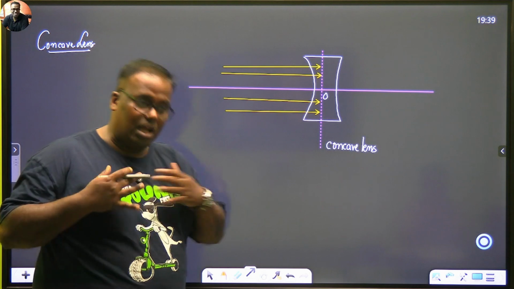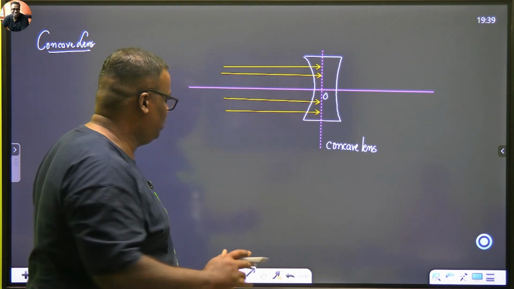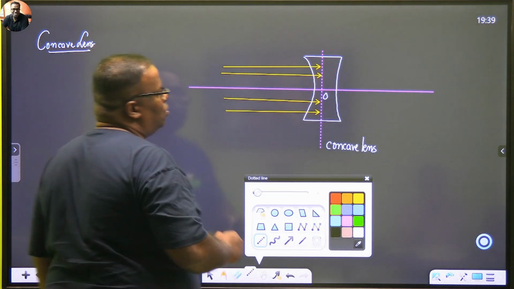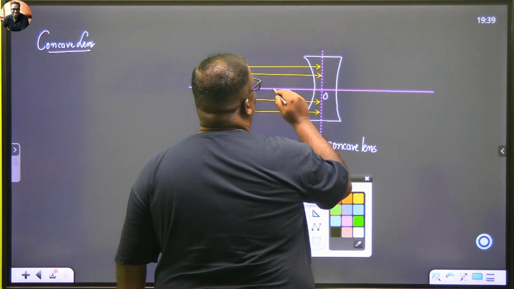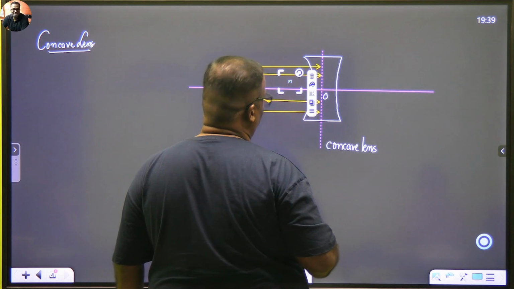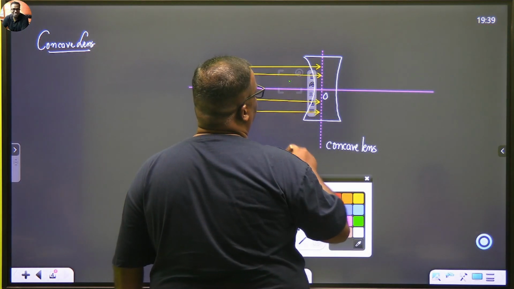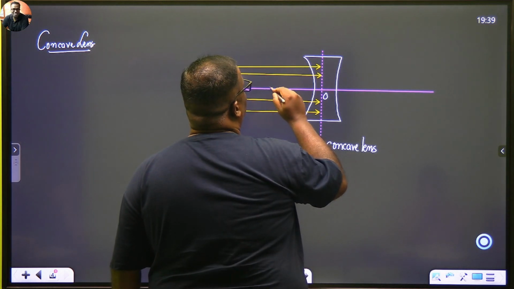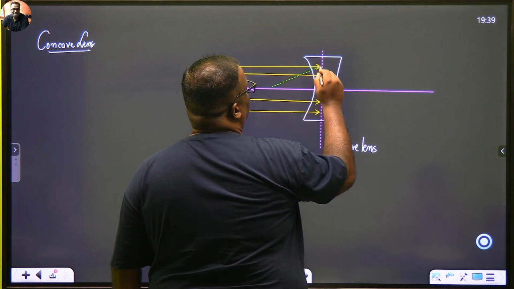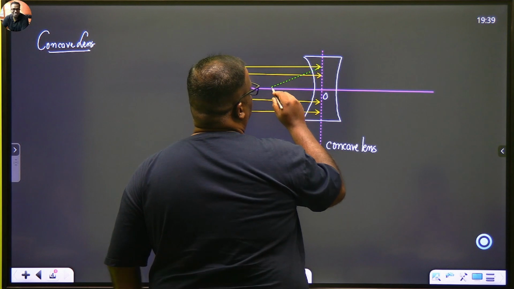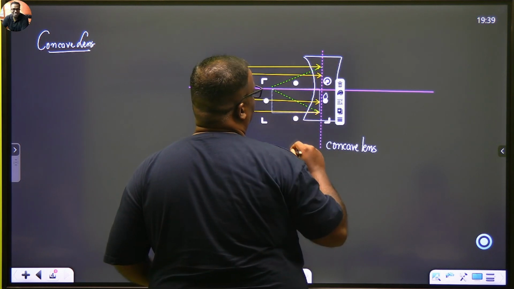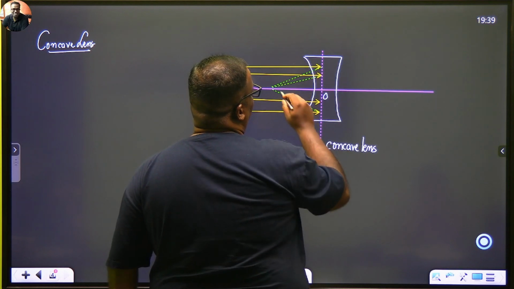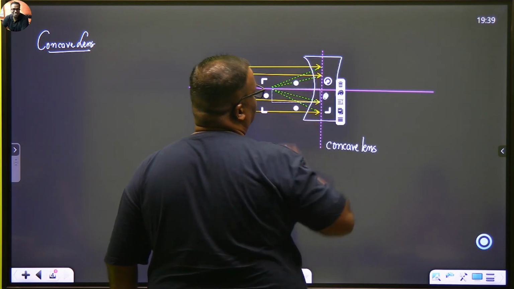Look at me, I'm drawing the wrong way. Why am I drawing the wrong way? In order that I'm able to maintain the geometry of this figure. So just hang on. Allow me to do something, and then only you will do your part. Don't you do this. What I'm doing is a wrong way, but I have no other option. That's why I'm doing it.